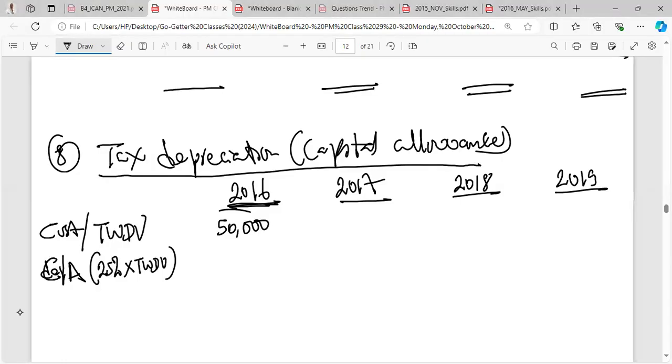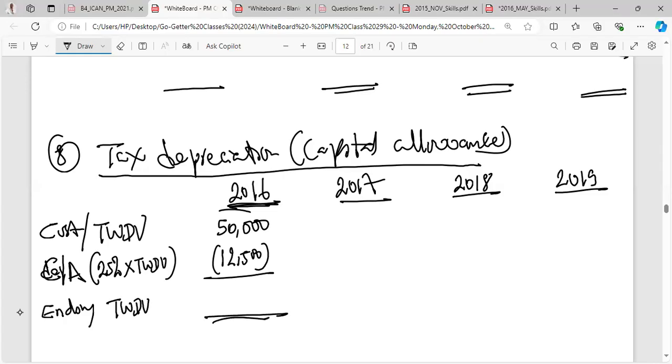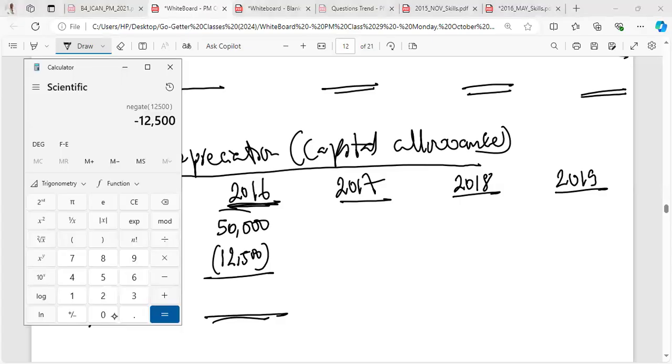Then we will say this is the ending tax written down value. This is what it was at the beginning. This is the depreciation. 12,500 is gone. Let's remove 12,500 from 50,000.